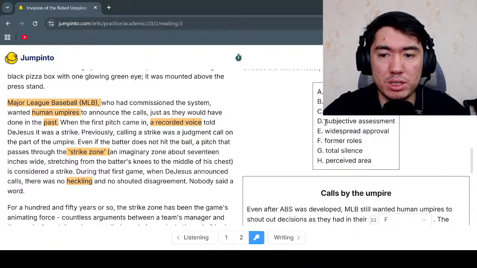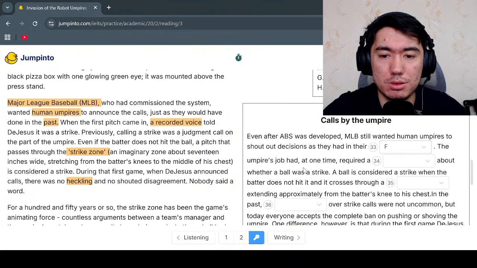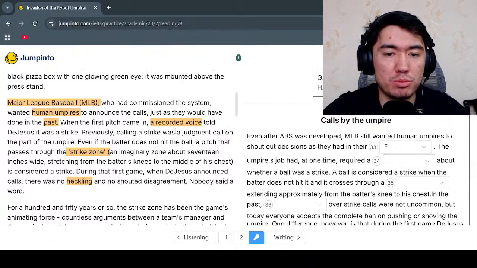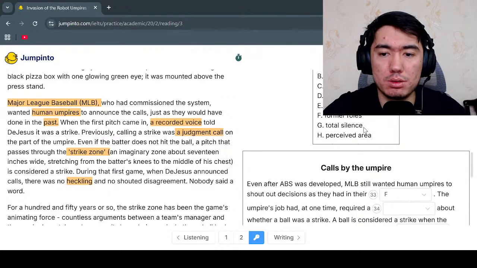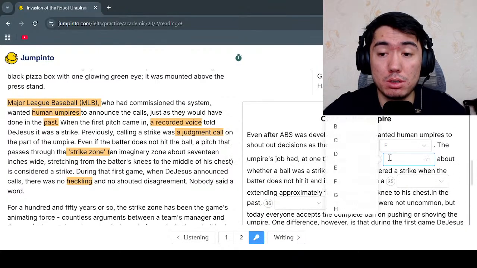No. Subjective assessment. I changed my mind. So had at one time required a judgment call. It means subjective assessment.